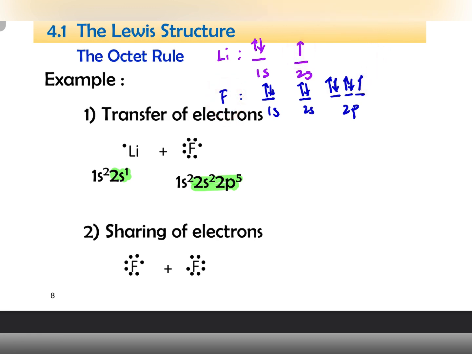Maksudnya one of the electron here akan diberi kepada fluorine. So di sini fluorine dia akan achieve stability of octet. Dia akan cukupkan bilangan elektron dan dia akan jadi lebih stabil.